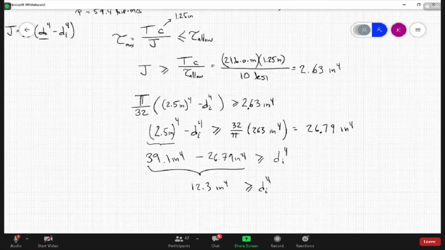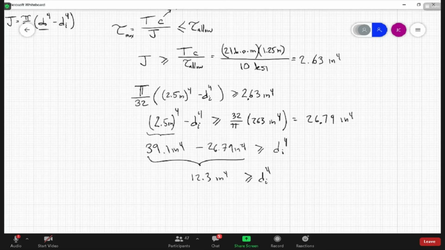So let's take the fourth root of that, and I get 1.87 inches. The inner diameter has to be less than or equal to 1.87 inches.